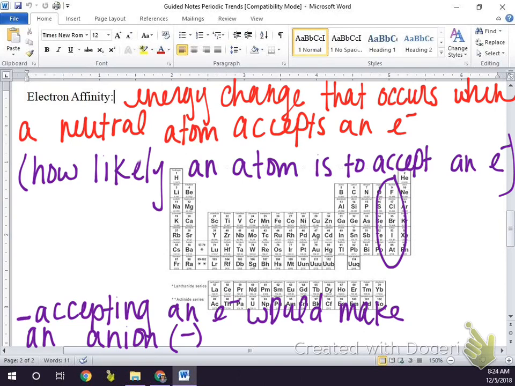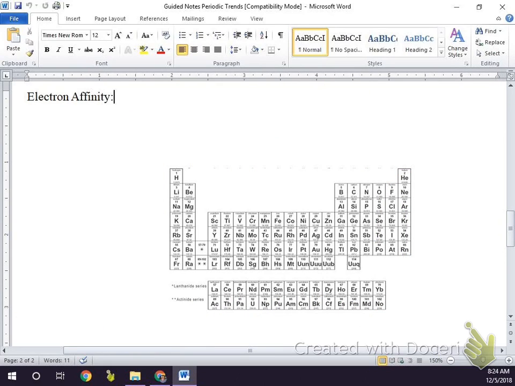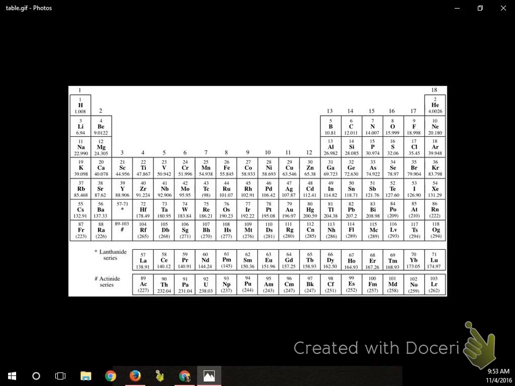That group, the halogens in general, have the greatest electron affinity. Because this, I'll pull up the periodic table again here so we can see it, but that group has 7 valence electrons. This group is always going to end in p5, right? And p can hold 6 electrons.